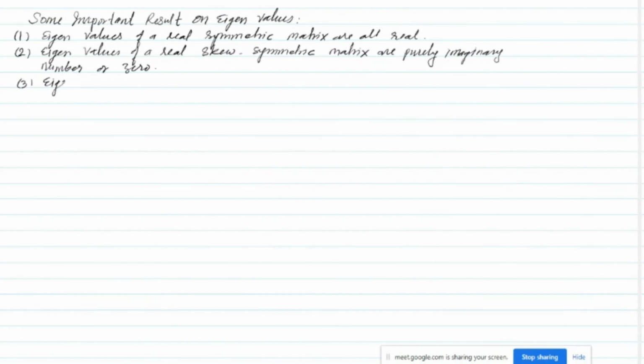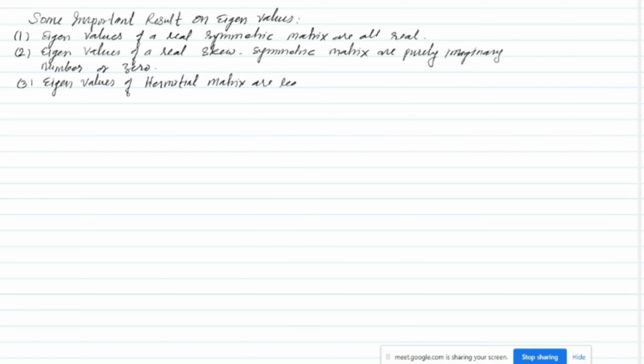Number three: eigenvalues of a Hermitian matrix are real.